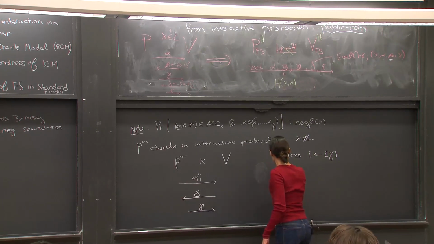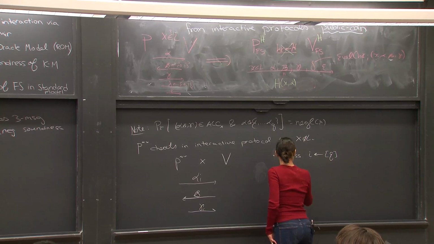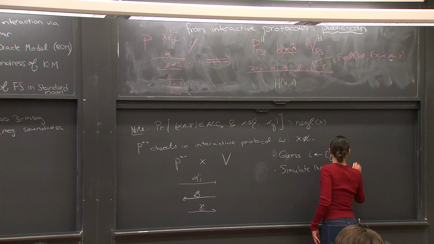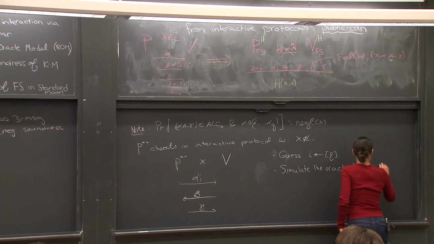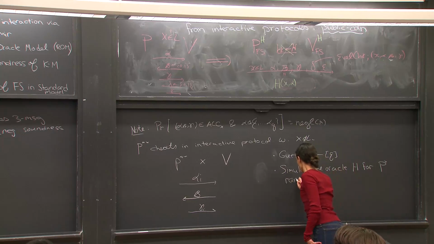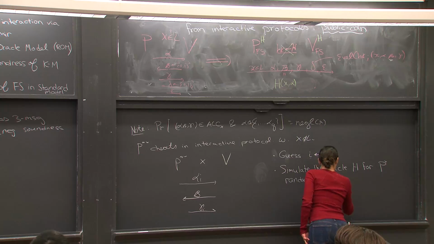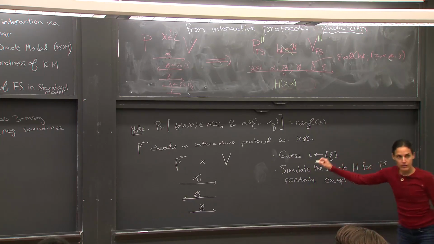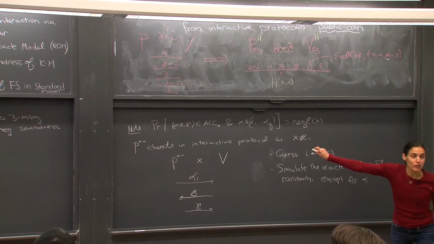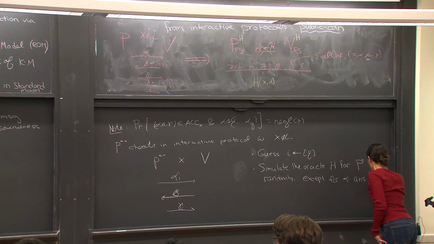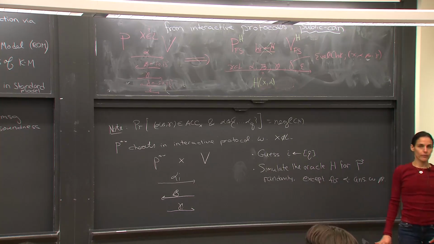So guess, and then simulate the oracle for P star randomly, except for alpha i, which I simulate via the verifier. For alpha i, answer with beta. That's all.